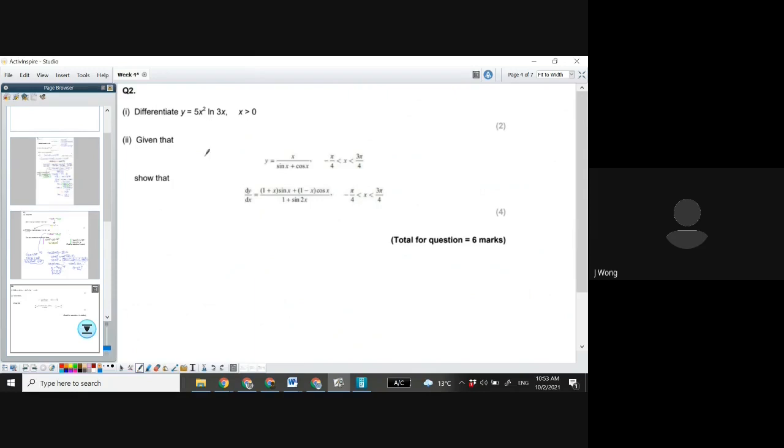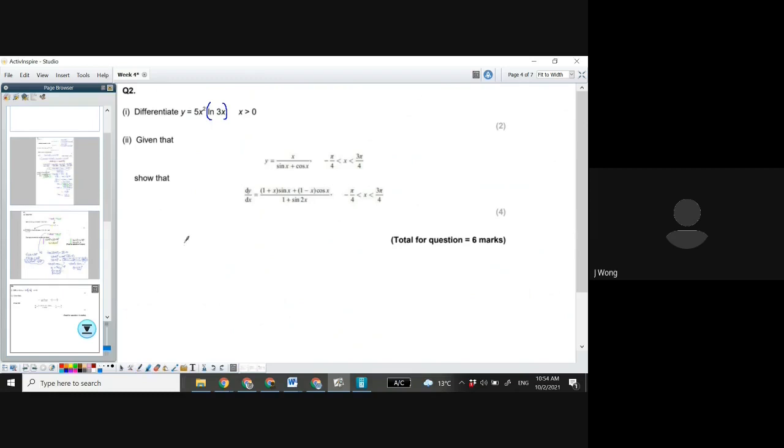Okay, in order to differentiate this, there's two rules that I need to use. As a whole, I need to use the product rule because there are two functions, 5x squared and ln of 3x. However, when I differentiate ln 3x itself, that will be the chain rule.